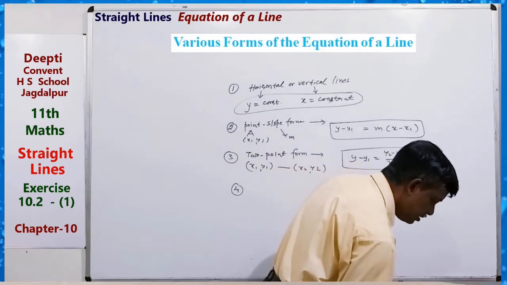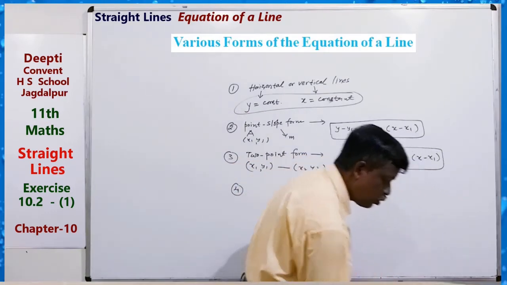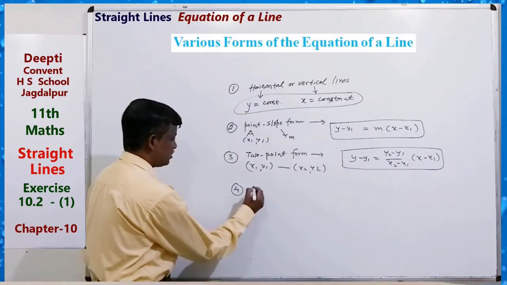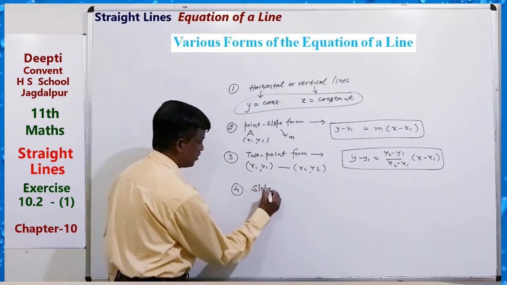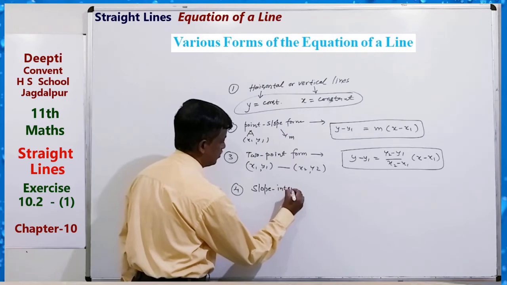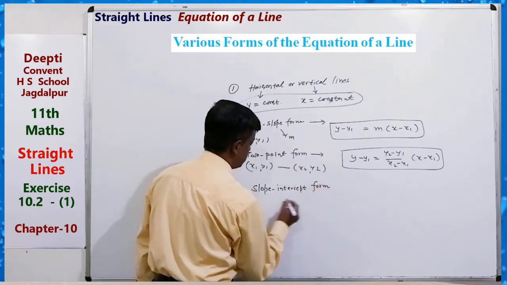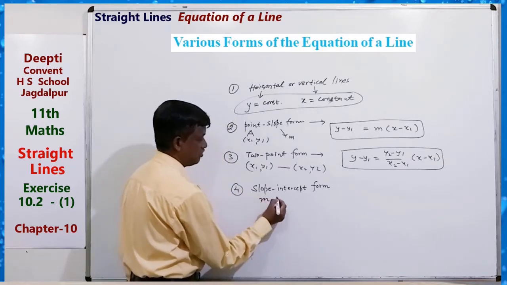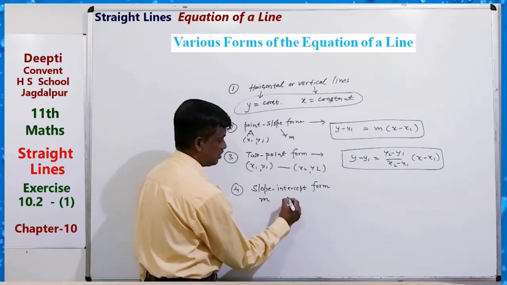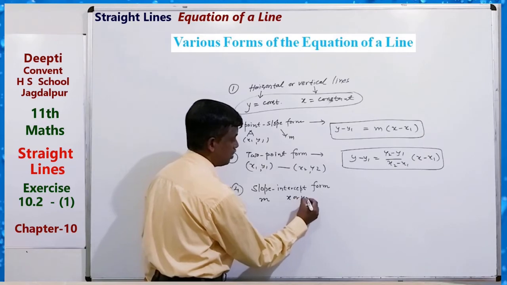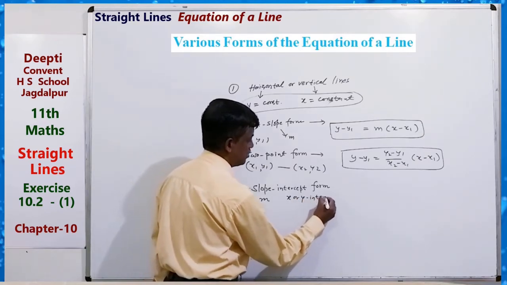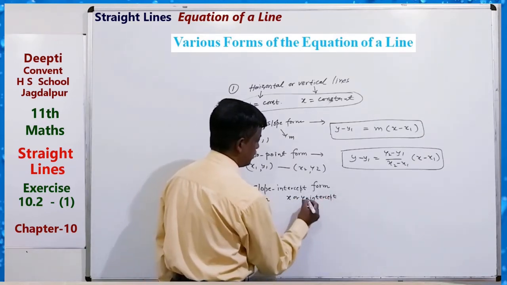Fourth form is what? Slope intercept form. Slope m, and x or y intercept.